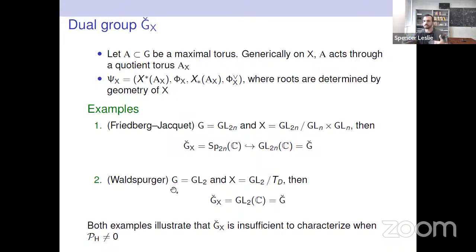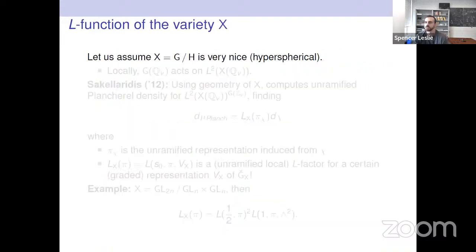So we need more invariants coming from the variety G mod H in order to say something more precise. And it turns out that one really only needs one more piece of data in good settings. And this is what's called the L function of the variety X.